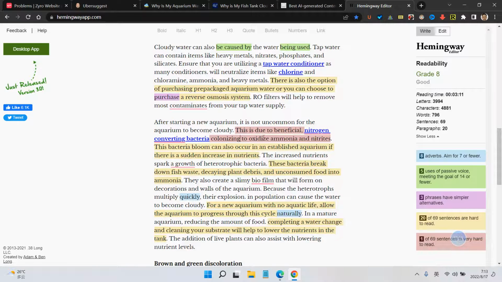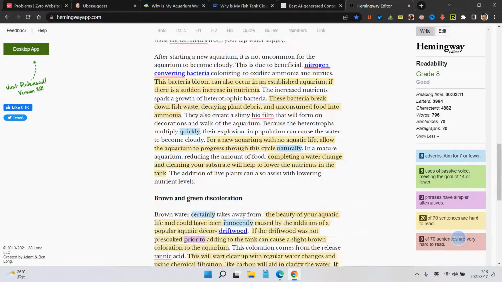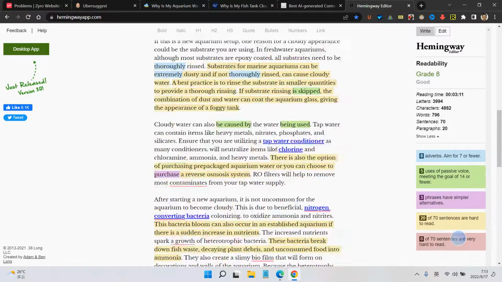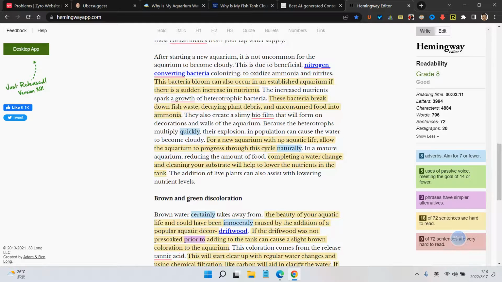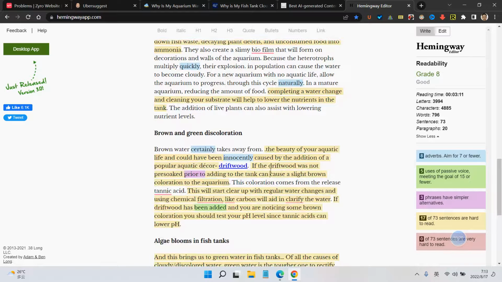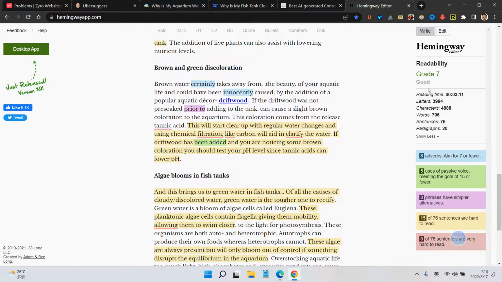I think there will be a grade 7. Grade 7 will be easier and faster. So the yellow part, if you fix the yellow part, then at some point you can get grade 7. Yeah, this is the way you have improved the readability.